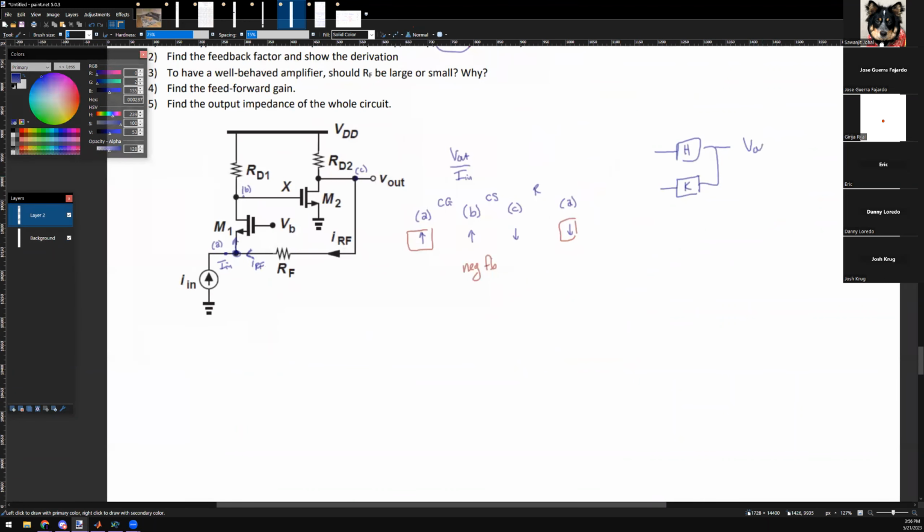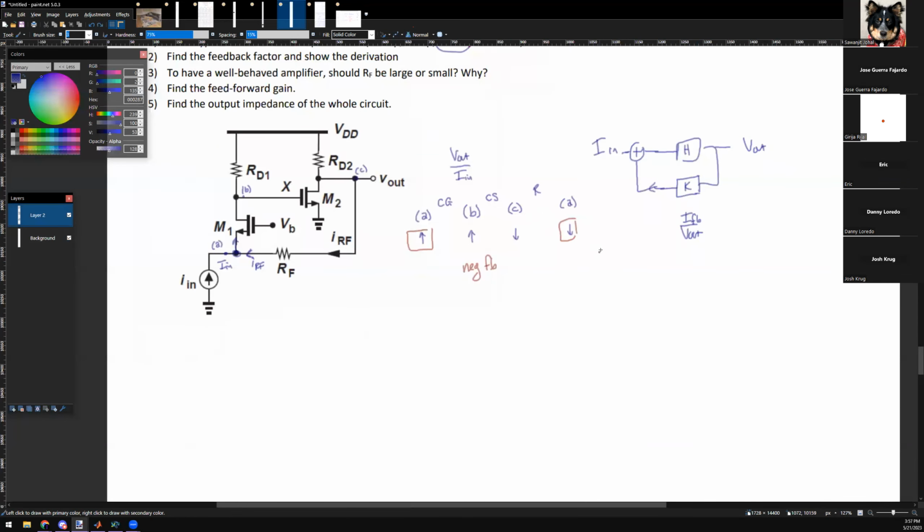Because the output is V out and the input is units of what? Current, right? So if I adjust this guy, the input is voltage and the output is current, right? You guys agree? So it has units of like Siemens or inverse ohms, whatever you want to call it.